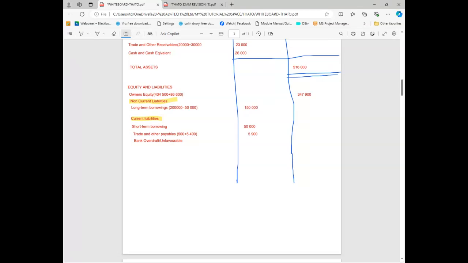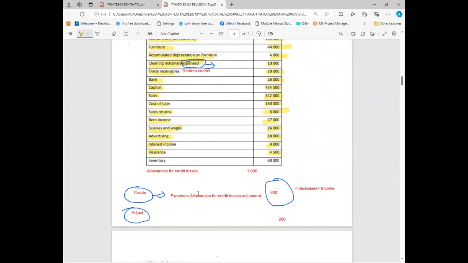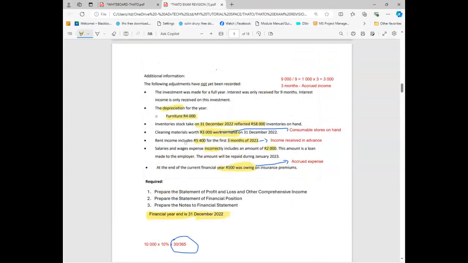And remember again, sometimes you can find information about bank here. If there's anything that affects bank, you must also consider those things. Let's say we paid cash here or we received cash here, so it will affect bank.